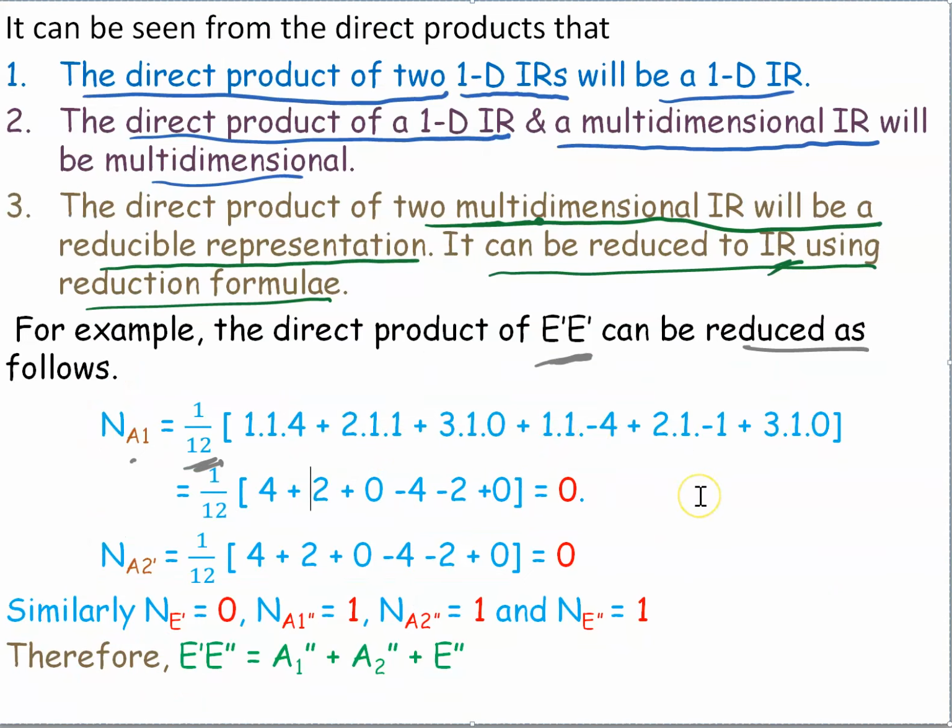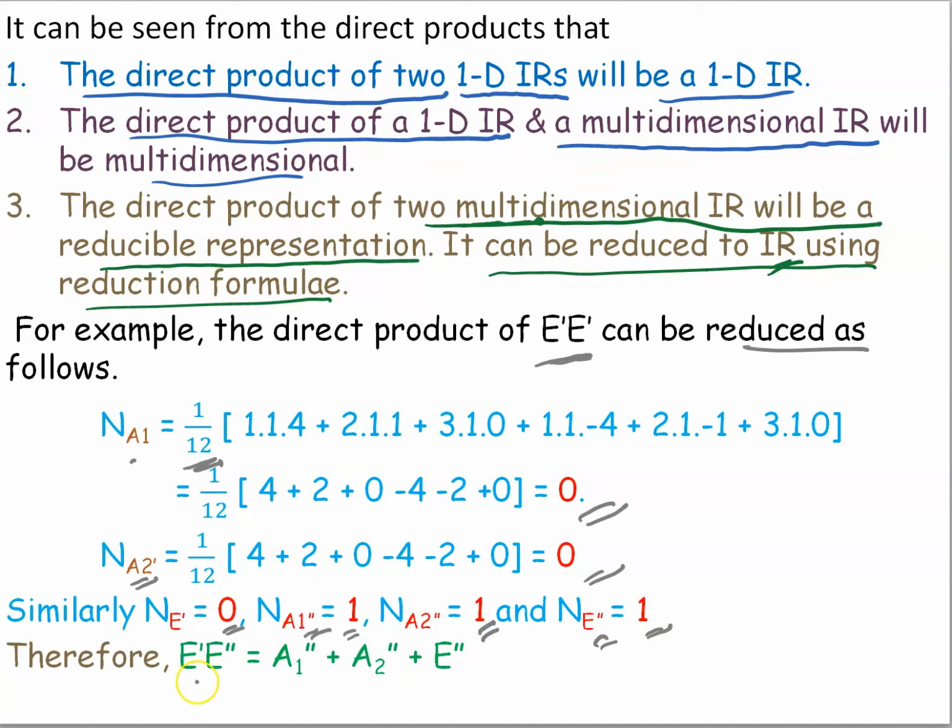I will not explain, you can practice it. Then N A1 is equal to 0. Then using the reduction formula you will get 0, and N A2 dash you will get 0. N E dash is equal to 0. N A1 double dash is equal to 1, N A2 double dash is equal to 1, and N E double dash is equal to 1.